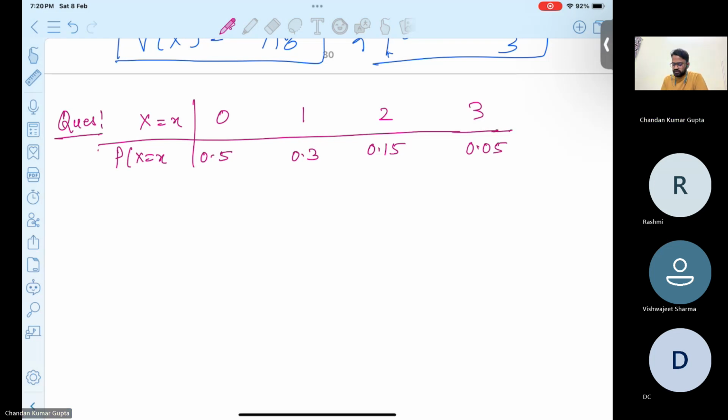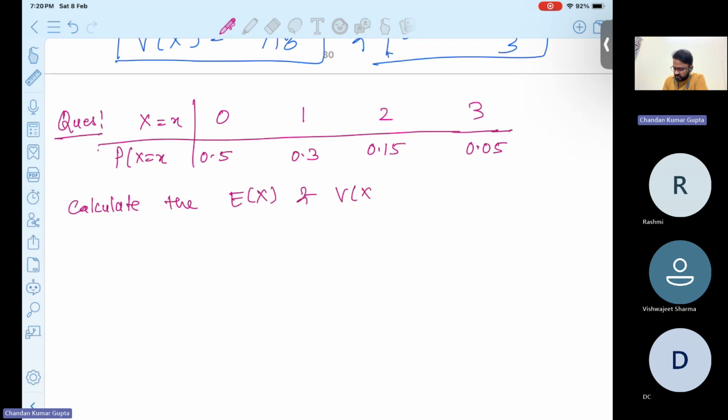Okay, now we need to calculate the mean and variance of random variable x.